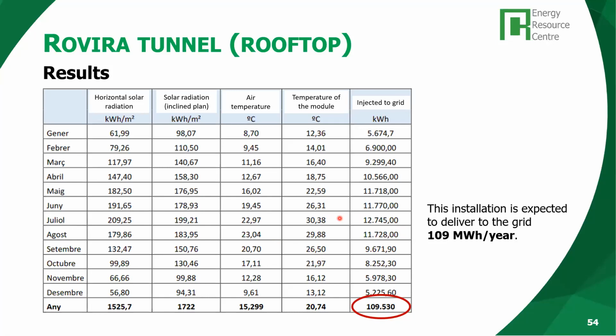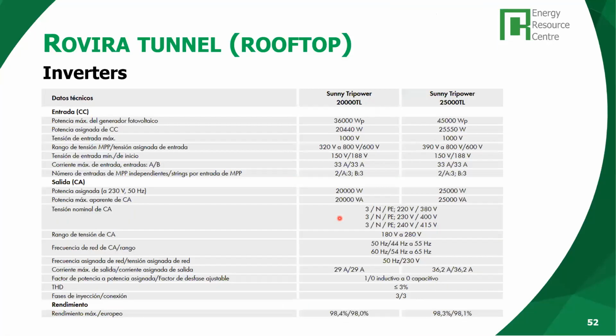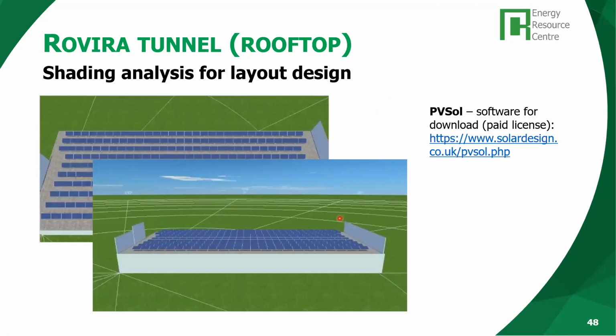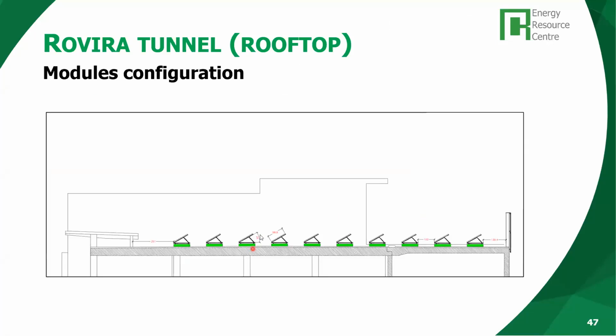Some ventilation, if possible. In a solution like this, you can have the back of the modules ventilated, and this will keep them cooler than if we have these modules completely stuck onto some surface.